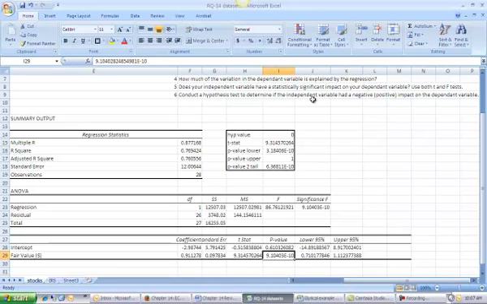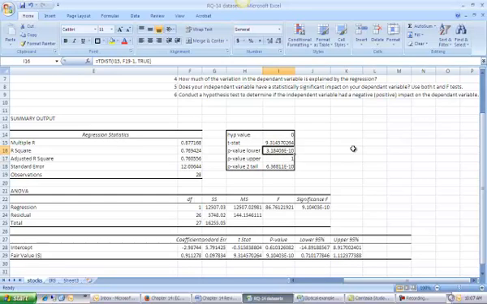So let's conduct a hypothesis test to determine if fair value has a statistically significant positive impact on stock price. I'm going to look at my p-value lower. I would reject H0. Remember the way hypothesis testing works: I want to know, does it have a positive impact, which means I test that it has a negative impact. So I'm looking at my p-value lower.